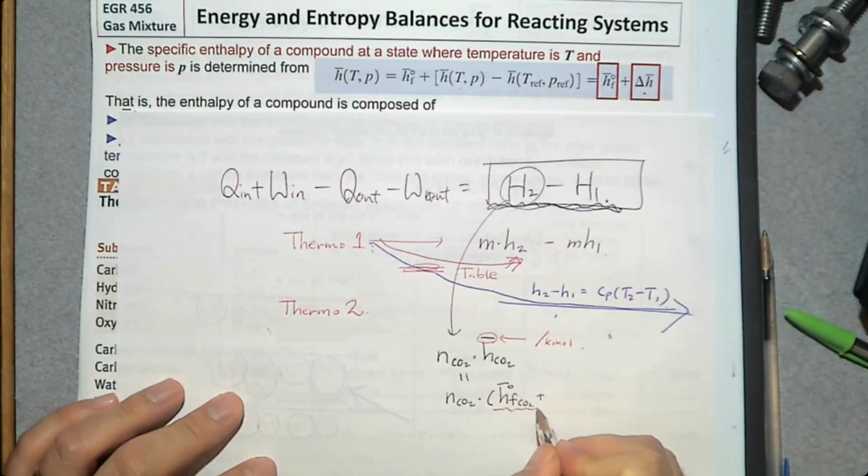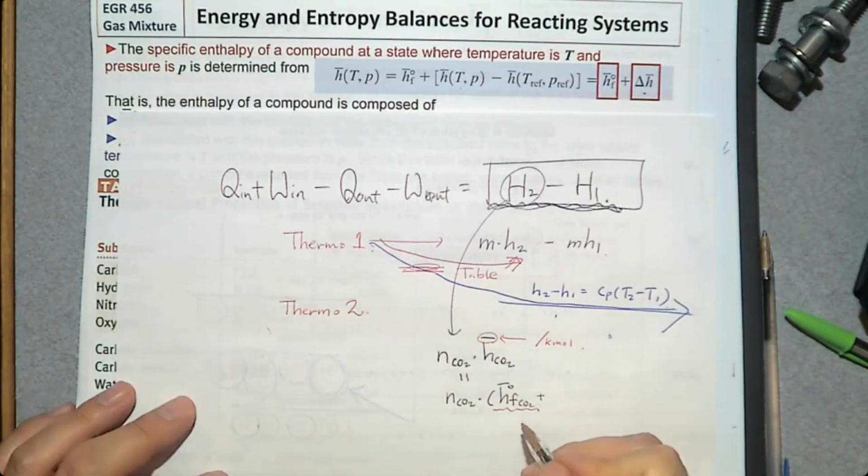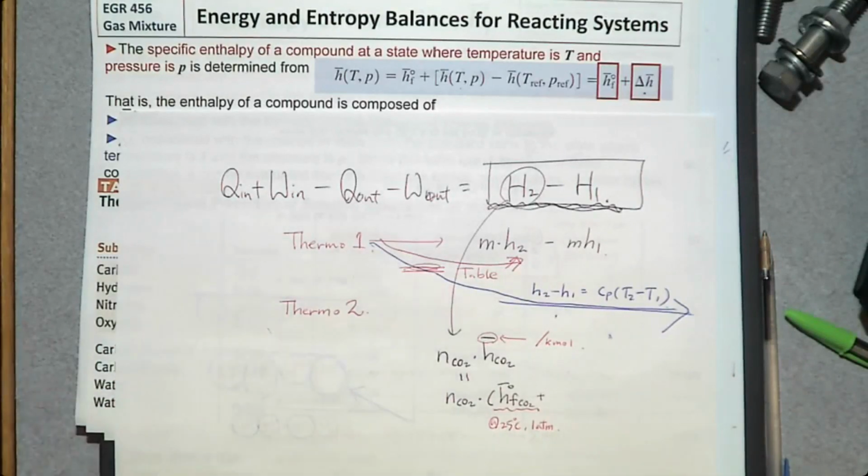This enthalpy of formation is always at 25 degrees Celsius and 1 atmospheric pressure. But the carbon dioxide here at the final state can be at 100 degrees Celsius or 200 degrees Celsius or 300 degrees Celsius. We don't have a table for any different temperatures, only one temperature, 25 degrees Celsius.